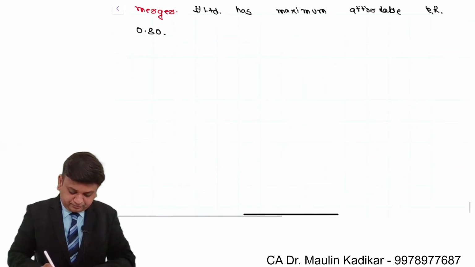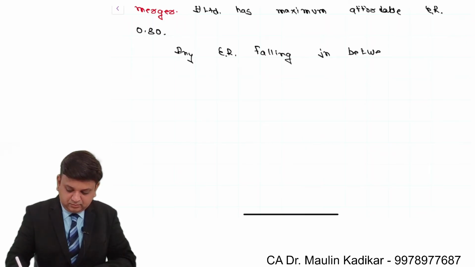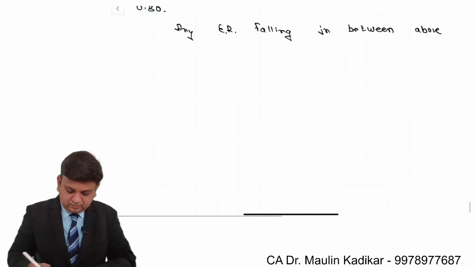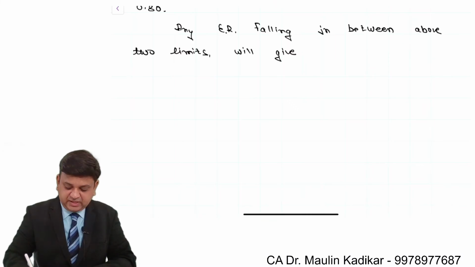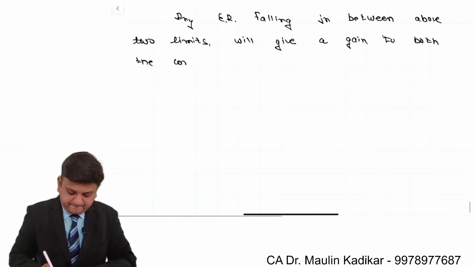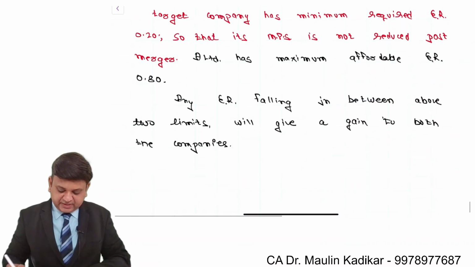With paragraph write down, any exchange ratio falling in between above two limits will give a gain to both the companies. Full stop. In bracket write down 0.48.